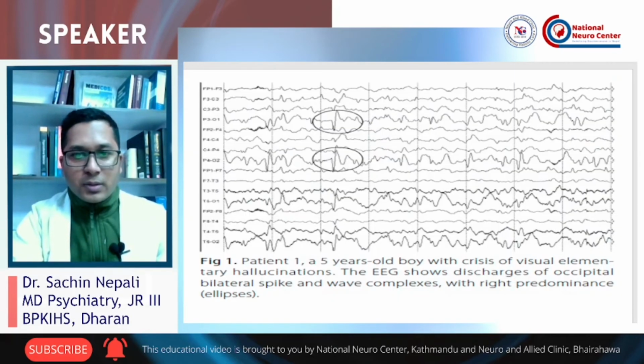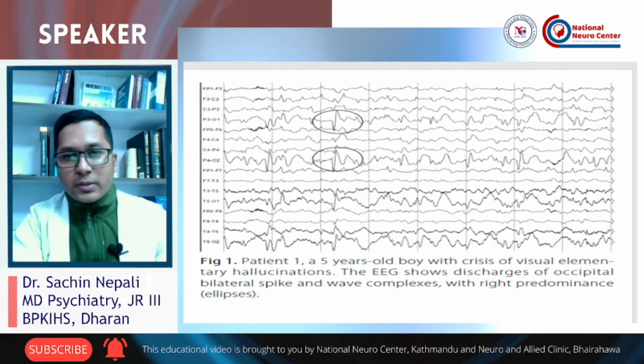And after this, the EEG is of a 5-year-old boy. This shows discharges of occipital bilateral spikes in the right-sided electrodes of the occipital lobes. They have shown these spikes in the EEG.